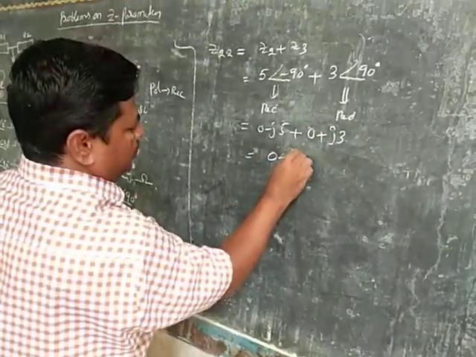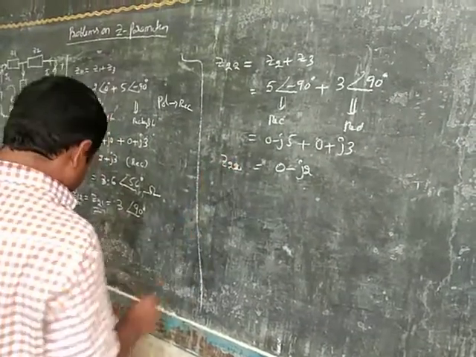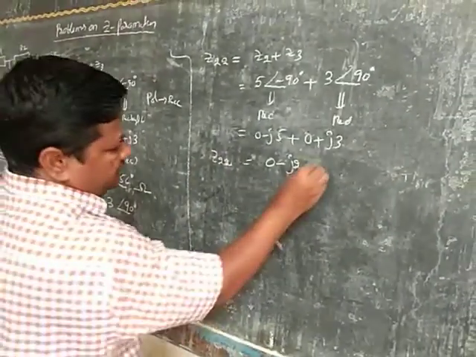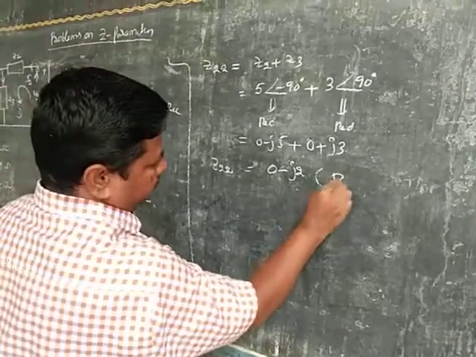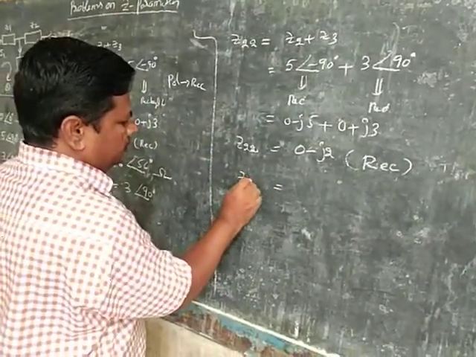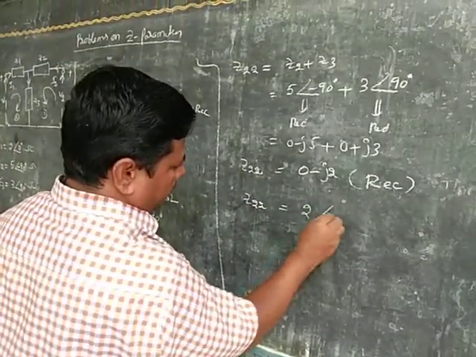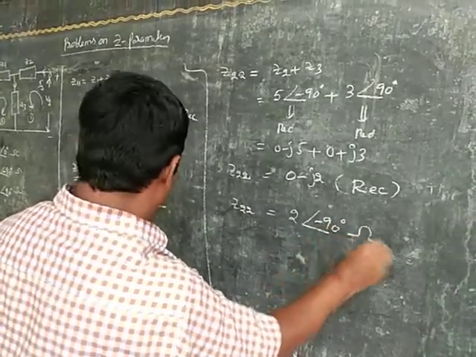So 0 minus J2. This is Z22 in rectangular form. Convert into polar form. Z22 is equal to 2 at an angle minus 90 degrees ohms.